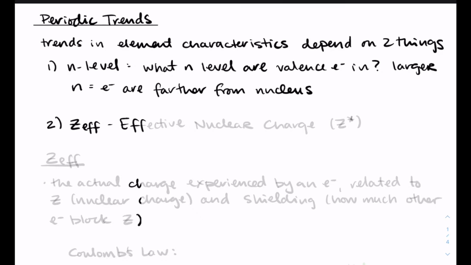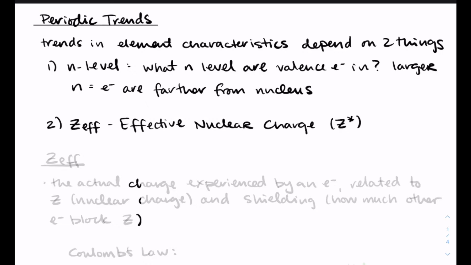Effective nuclear charge, we call it Zeff or Z with a star, because it is based on the atomic number. It is related to the number of protons in the nucleus pulling on the electrons, but it doesn't end up being perfect, which is why we call it effective. So effectively, how much pull does an electron feel from the nucleus?